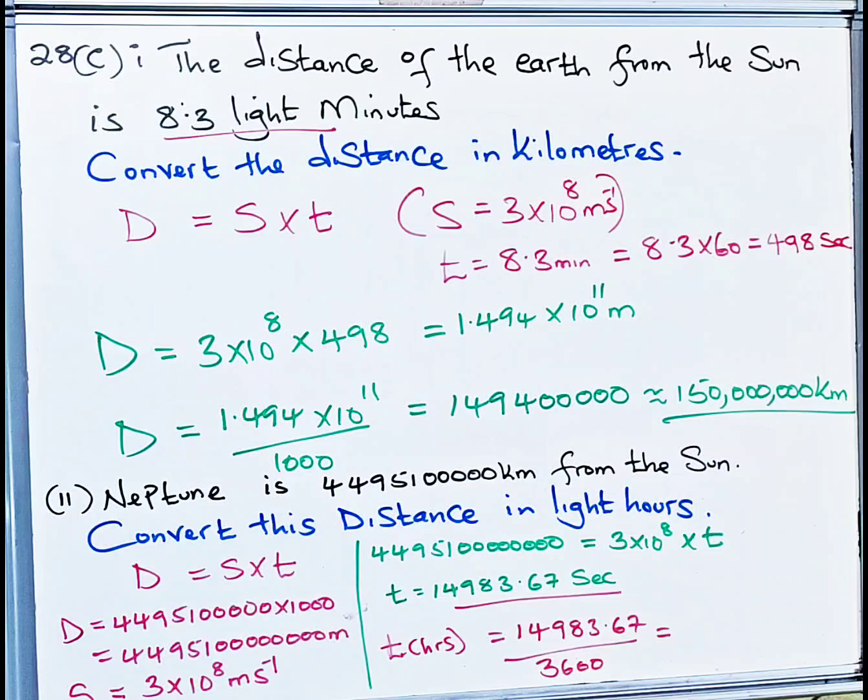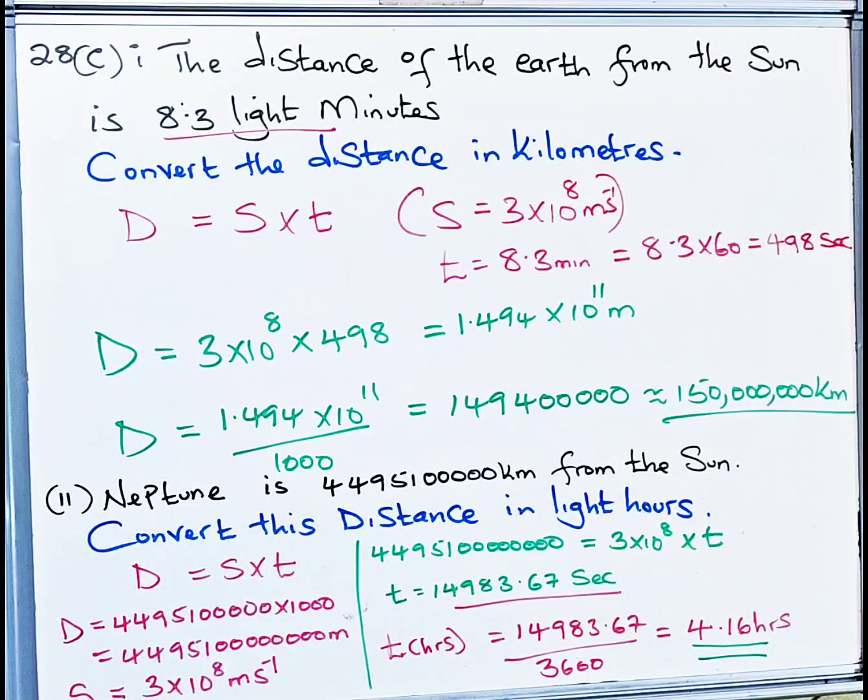Yes, 1 hour has 3600 seconds. So what you get out of this is the time in hours, which is wanted. So this is what we have in light hours, 4.16 light hours.